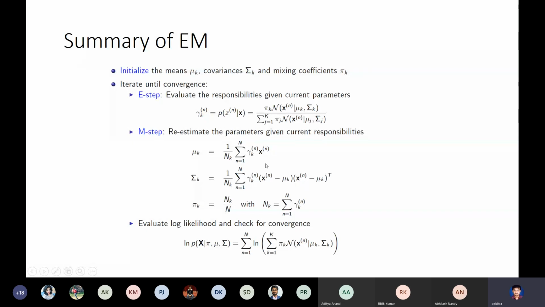I make a small change. In the earlier explanation, I said that if z belongs to component 1, I generalize it. Instead of hard belongingness to component 1, this is the soft belongingness, soft membership to component 1, gamma k. So you weight xn by this soft belongingness, add up over all n, and you get mu k.